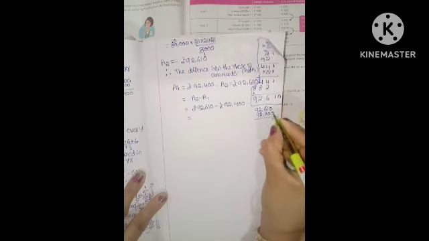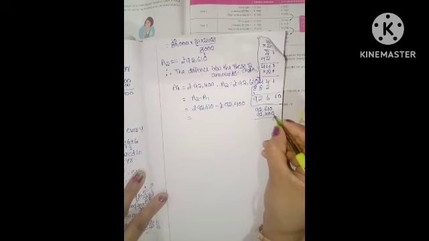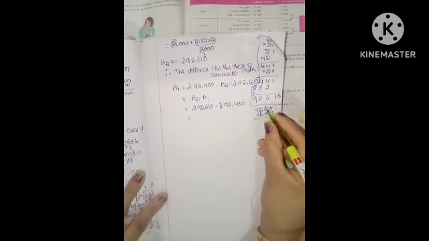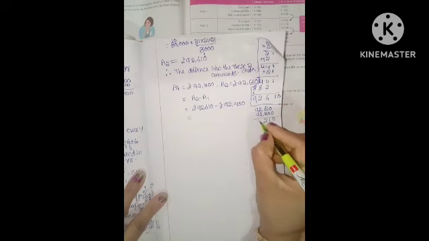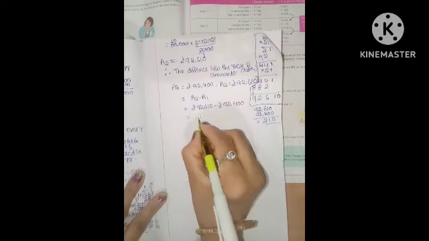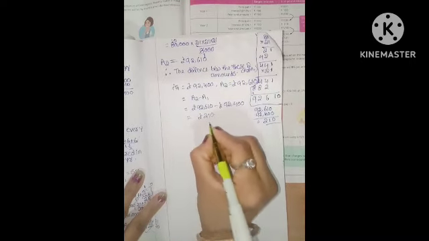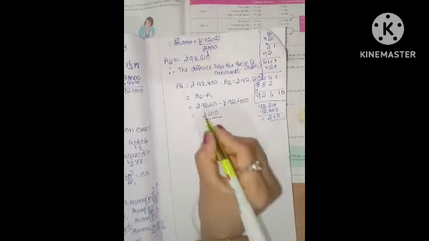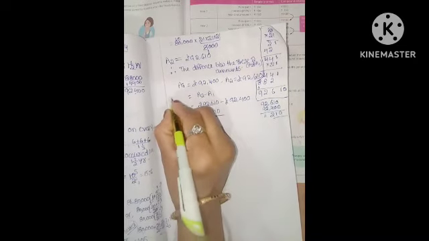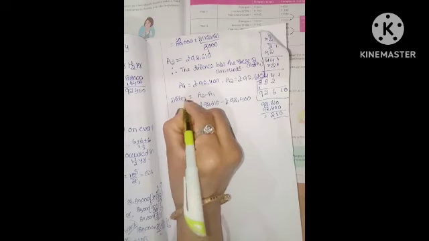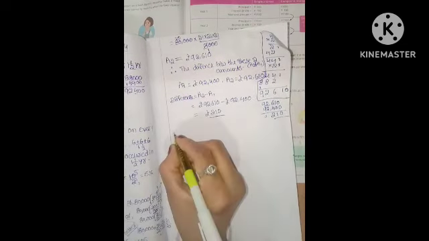How much value will we get? 0 minus 0 is 0, 1 minus 0 is 1, 6 minus 4 is 2, and then again this is 0 only. So what's the amount? How much is the difference? Difference equal to this one only.